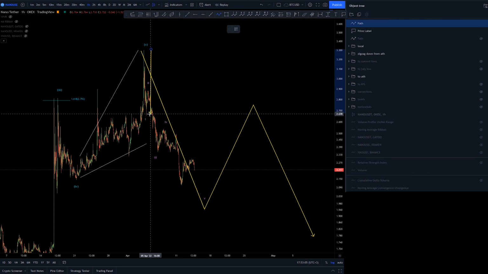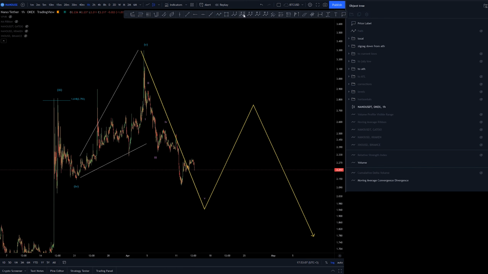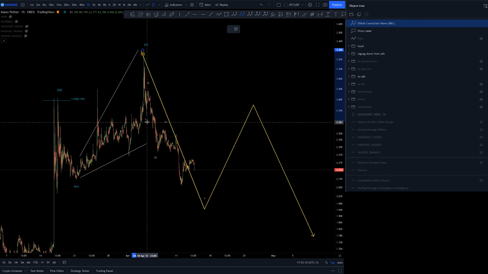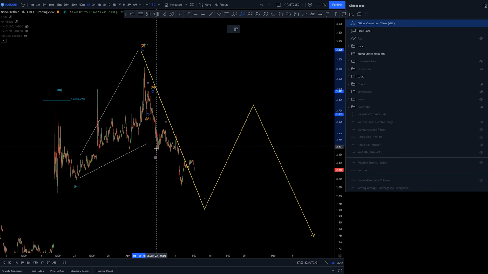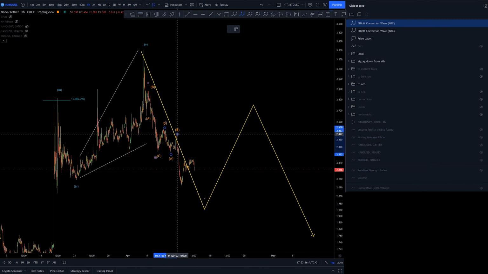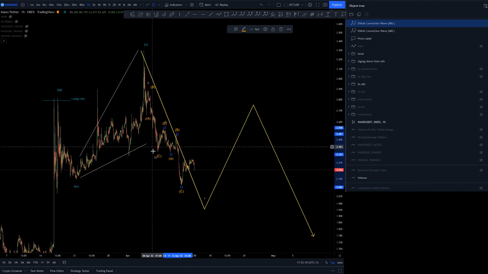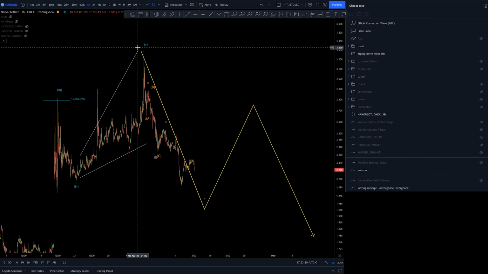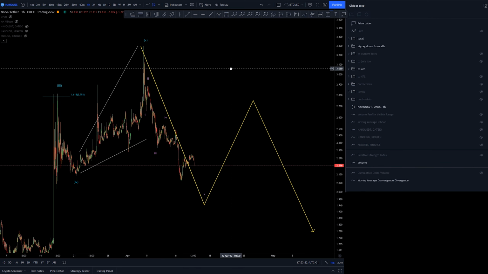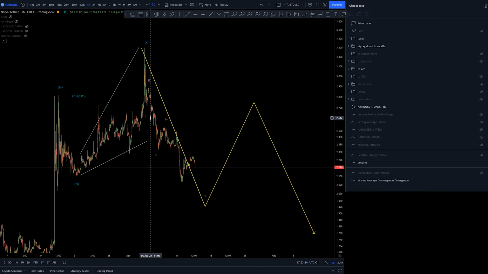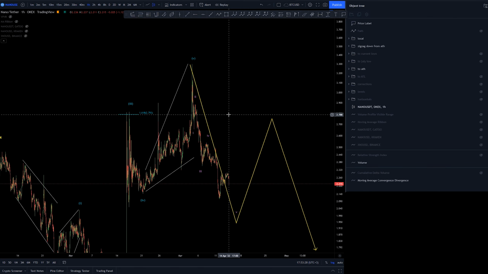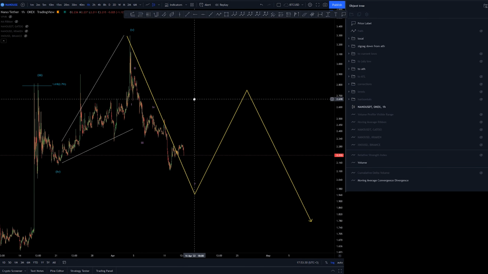With this in mind, this is 5 waves. Let me actually label it. So 5 waves into A, B, C, some kind of connector, and again A, B, C, creating some kind of a structure here. Yeah, I guess it could be labeled like that as well.